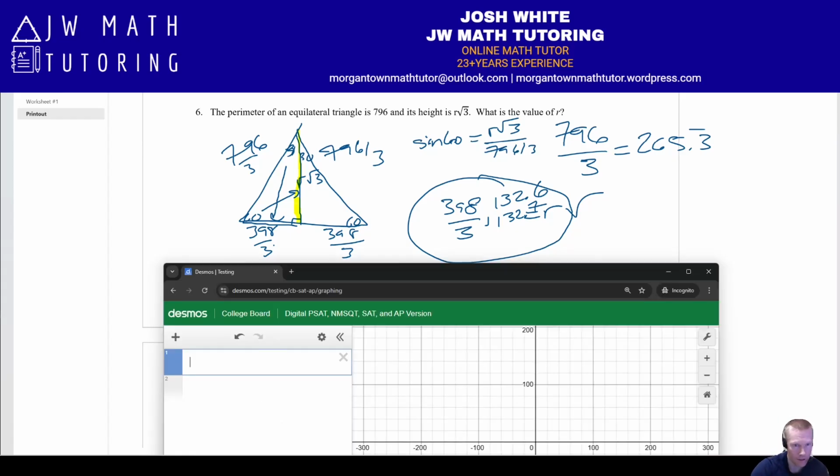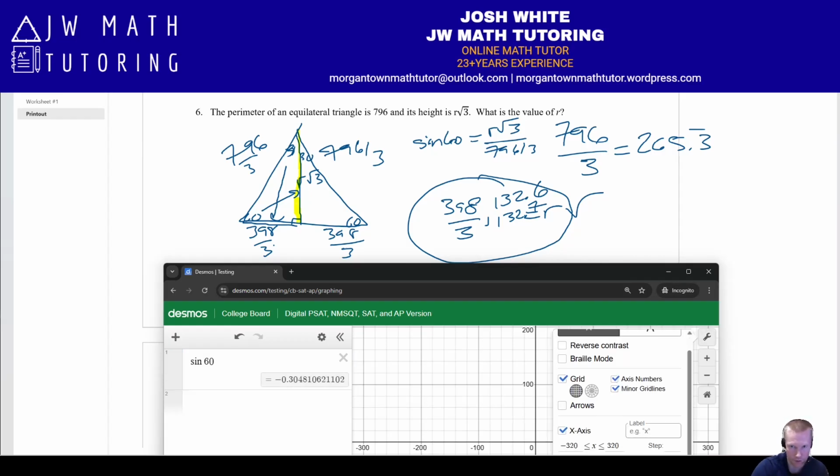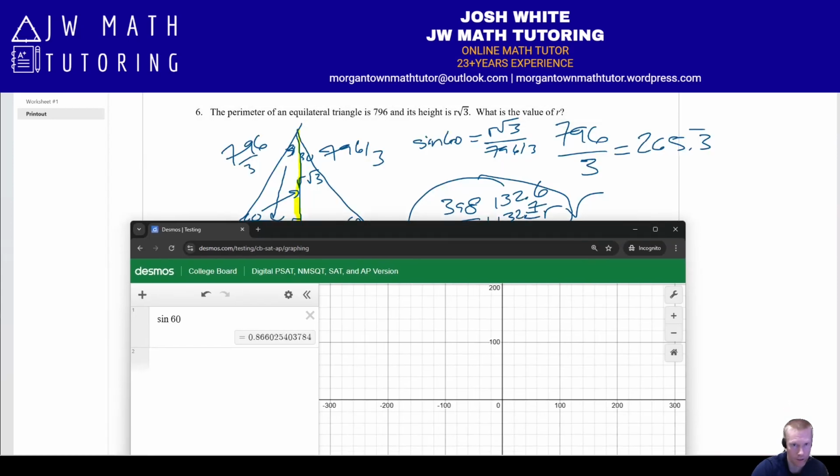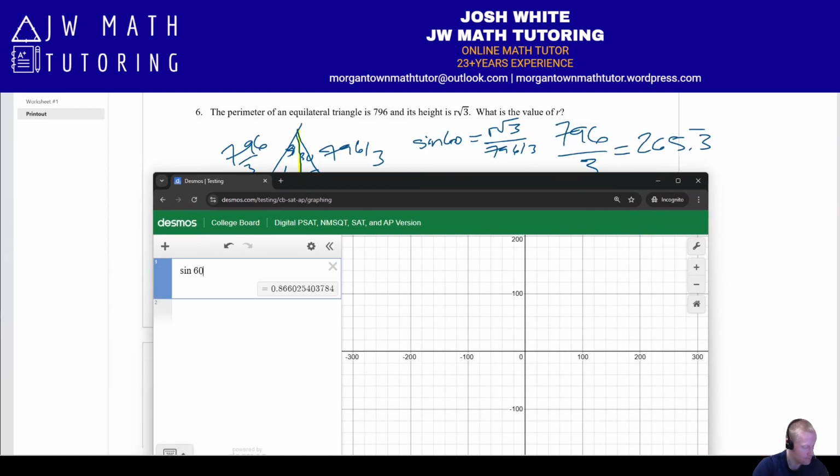Let's see if we can do this one using regression. For sine of 60, I already noticed that I need to switch it to degrees from radians, because that's not the proper degree value. Okay, and let's say I have r square root 3 divided by, in parentheses, 796 over 3. Yep. So notice right here, it gives me r, 132.6667. So this is an alternate way you could do it.